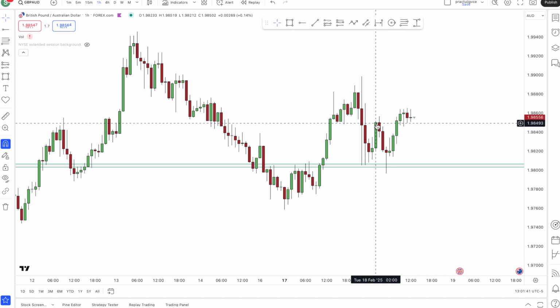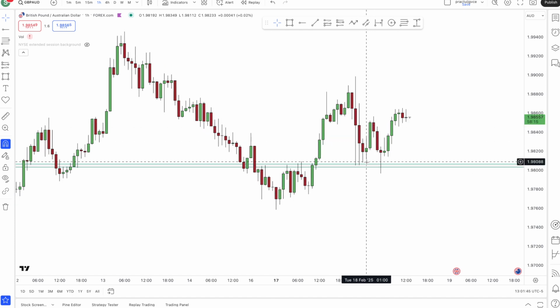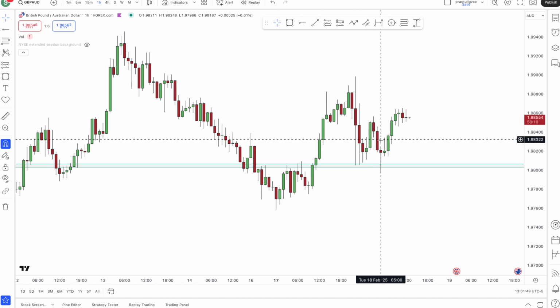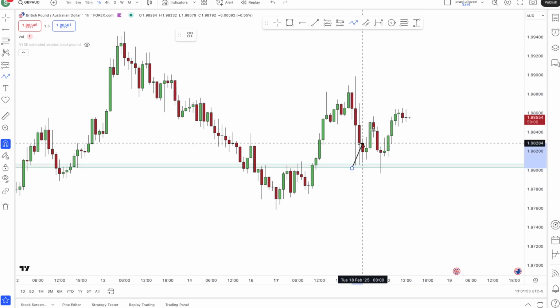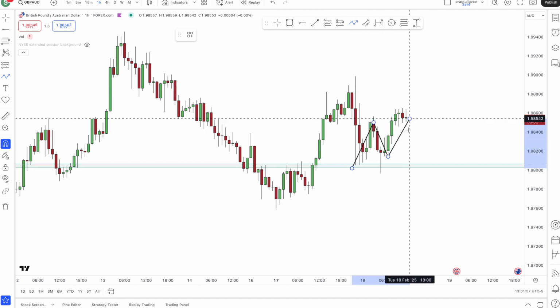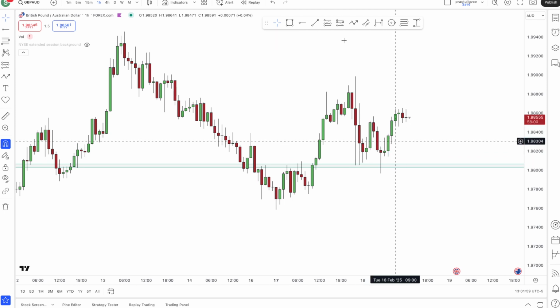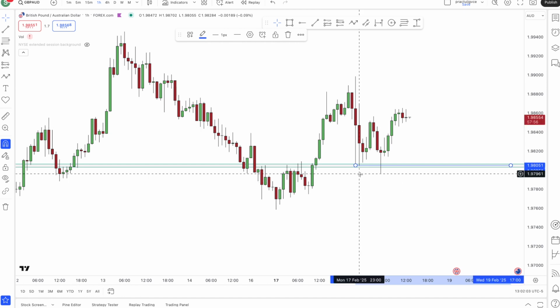So my main entry confluence is always a strong, aggressive rejection candle, right? But I like to stack them. Some of my entry confluences are a double bottom. Well, what do you see right here? Rejection, come back, double bottom at an area of interest, or a liquidity sweep inside of an area of interest, which we get both of them.